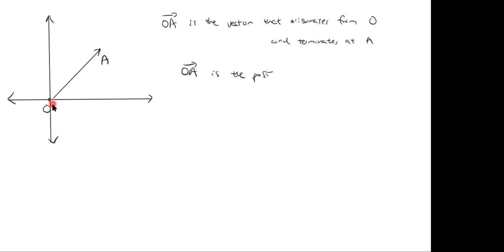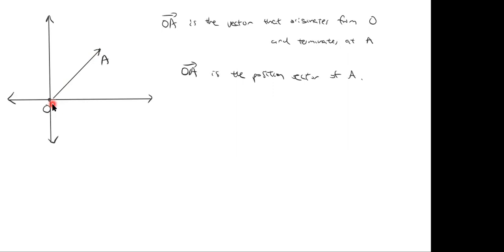So OA is the vector that originates from O and terminates at A. But because it originates at O, which is the origin, the vector OA has a special designation, which we can also say is the position vector of A.